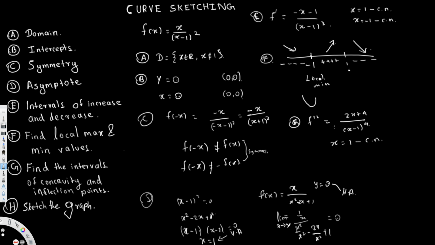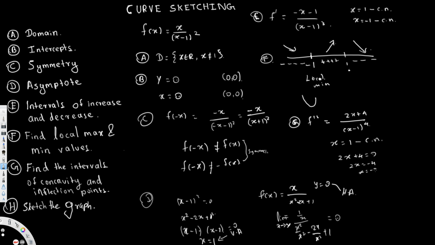Then I make the whole equation equal to 0 to find the other critical number. If I make the second derivative equal to 0, the numerator must be 0. Therefore 2x plus 4 is equal to 0. So let's see what that gives us. If 2x plus 4 is equal to 0, then 2x is equal to negative 4.